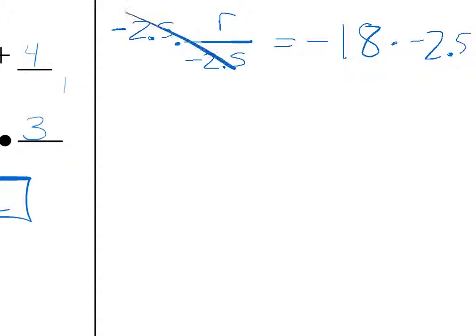We multiply. So that cancels out. Negative 2.5 divided by negative 2.5, that's 1 times r is r. And negative 18 times 2.5. So I'm just going to do this down here.